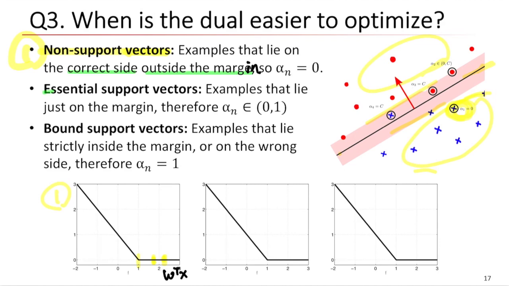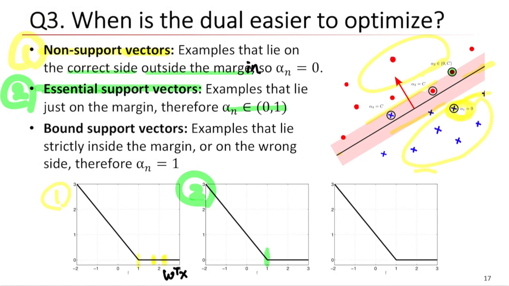Another case is the essential support vector case that lies just on the margin, something like this one. In this case, it's just here, so it will be some value from 0 to 1. So yeah, this is the essential vector case.